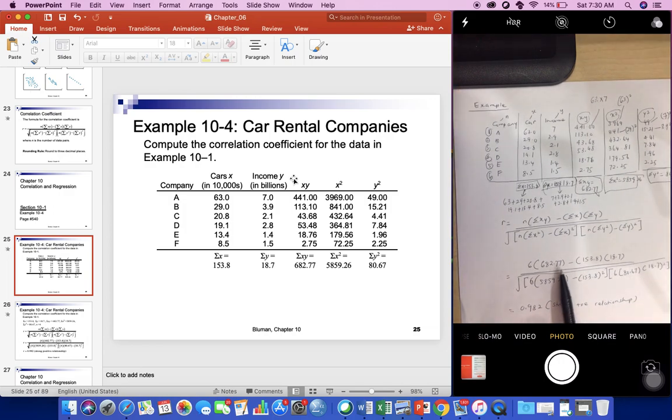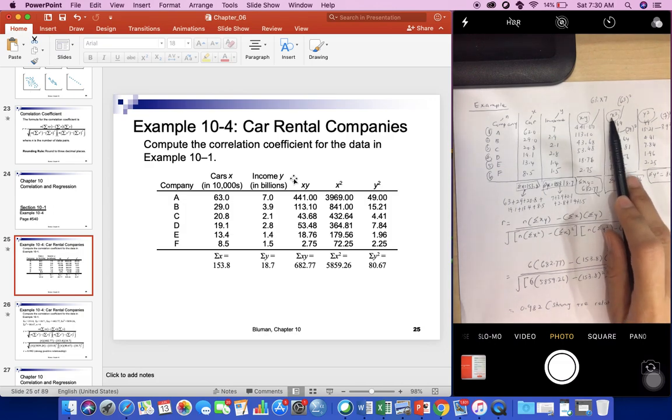And then minus, where do you get this one? This one comes from here: the summation of x, in brackets, power of 2. Don't confuse it with this value. For this one, you power of 2 first and then you sum up.